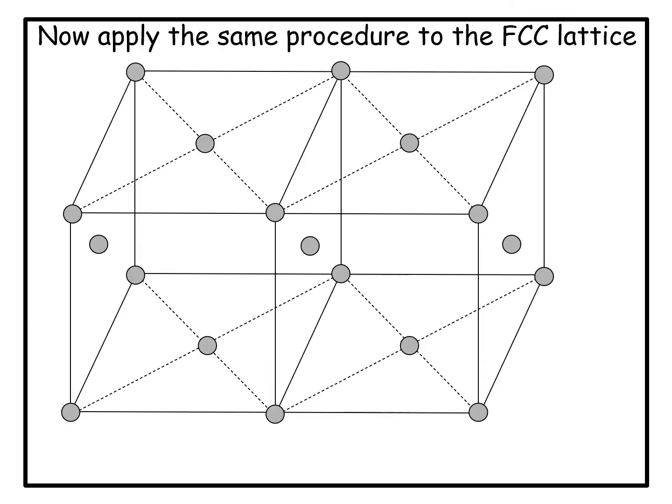But as I told you, the situation is not this simple. Because let us try now to apply the same procedure to an FCC lattice. Instead of drawing an end-centered cubic lattice, I have now tried to draw a face-centered cubic lattice. Of course, it's not completely face-centered yet.